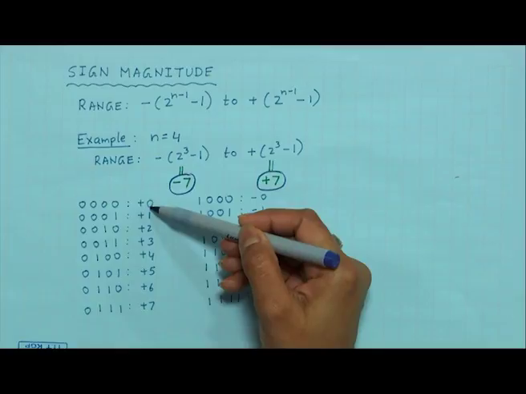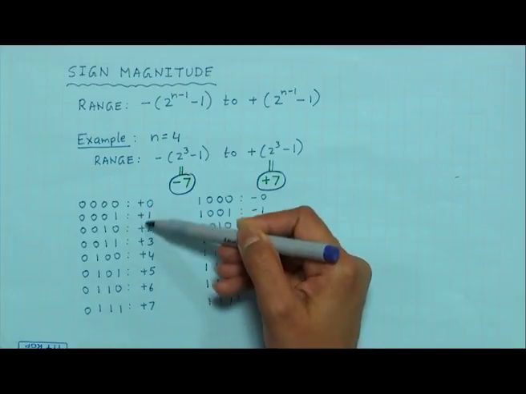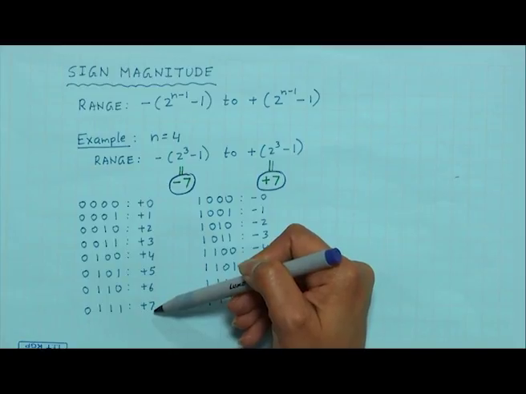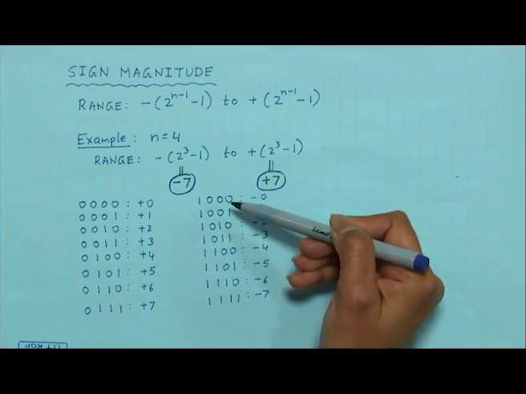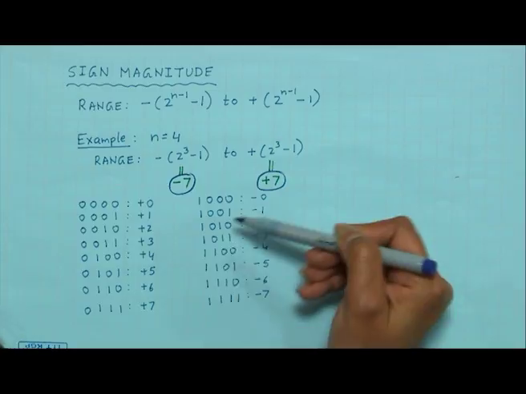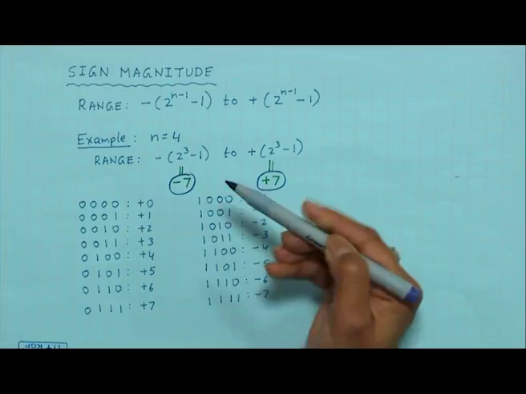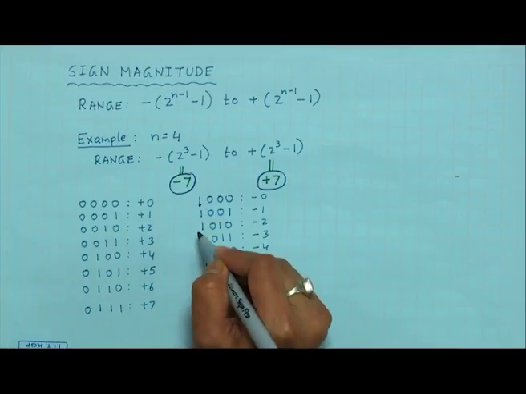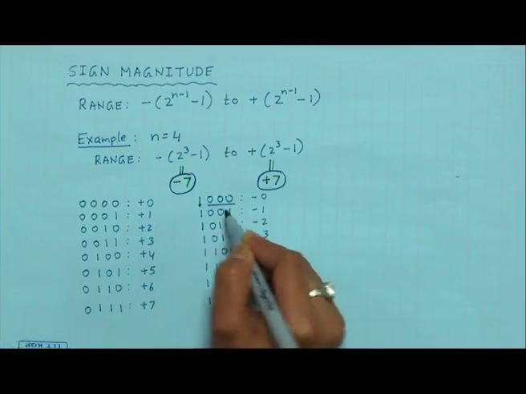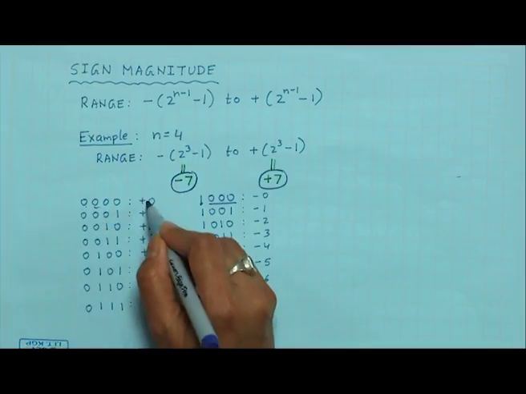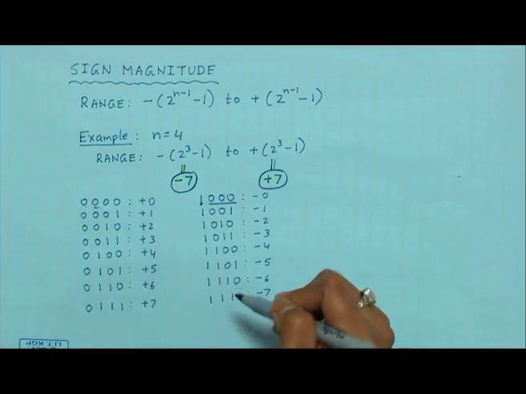So, 0 will be the same as 0. All the numbers from 0 to 7 are represented the same way, and starting from here, this is minus 0, because the first bit represents the sign and the rest is the magnitude of 0. 0 represents plus 0 and this represents minus 0.